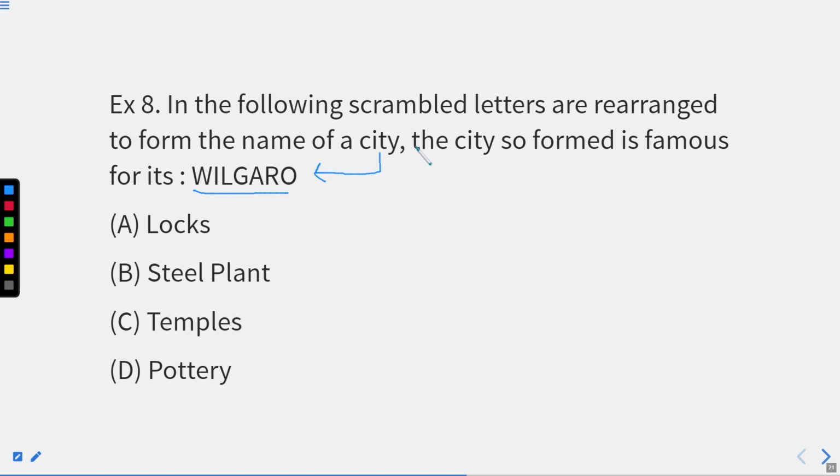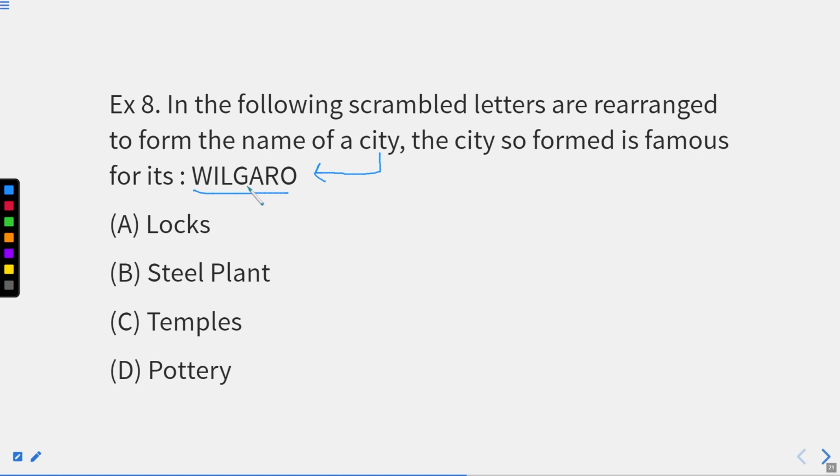The city so formed is famous for, now we need to figure out what this particular city is famous for. So my friend, as we did in the second question, we need to rearrange the letters to form a meaningful word, and we have a hint that this word will form the name of a city.